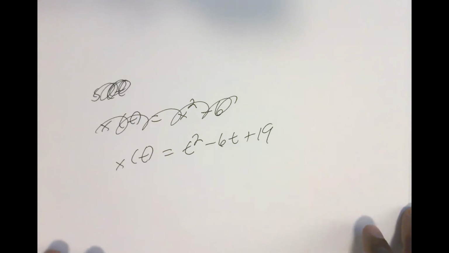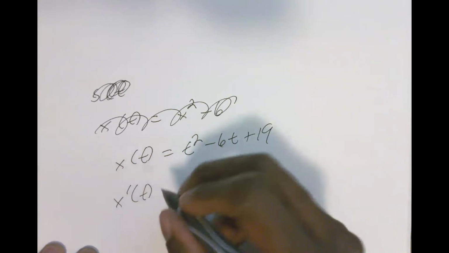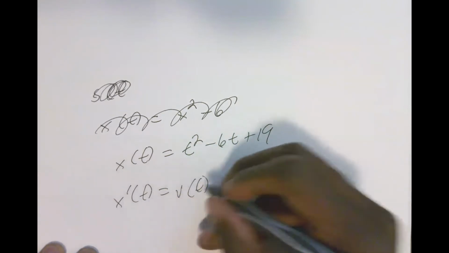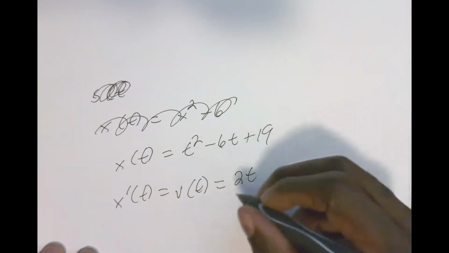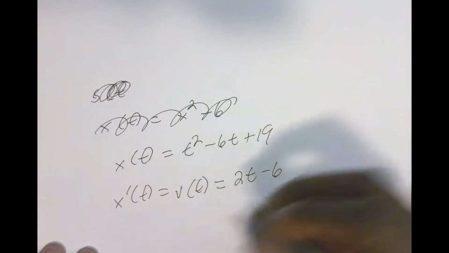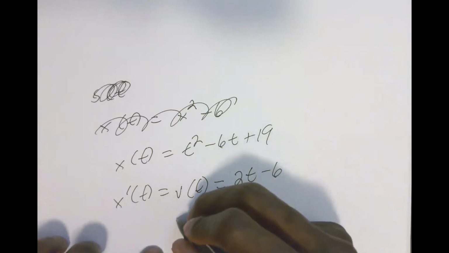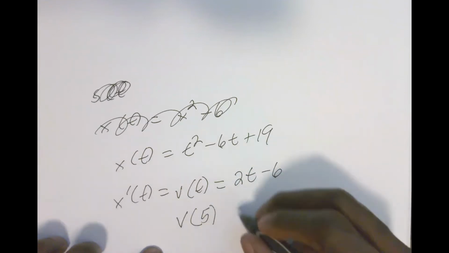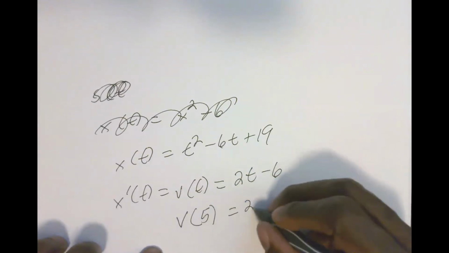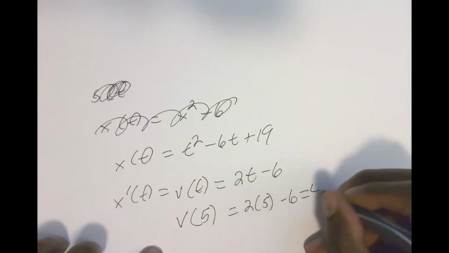Well, the way you would solve that question is you would take the derivative of this function, which is known as the velocity function, and that velocity function will be 2t minus 6. And then to determine its movement, you would plug in that point. So v of 5 would be 2 times 5 minus 6, and that would be 4.